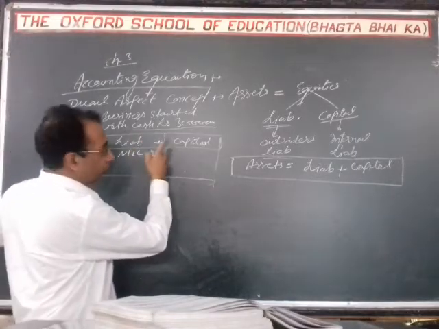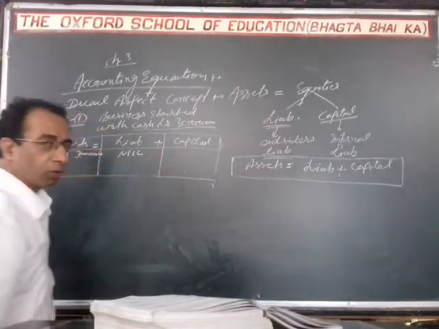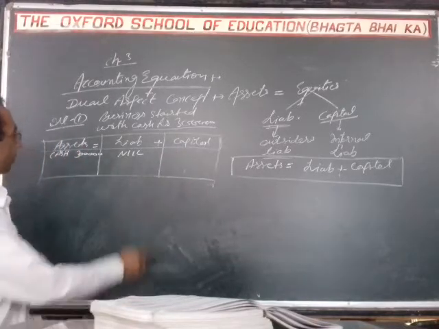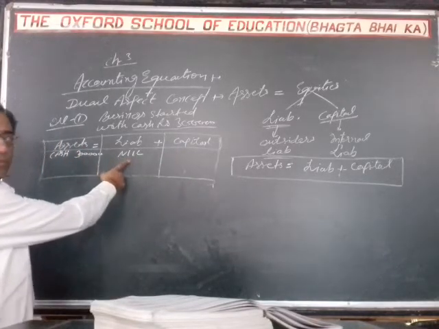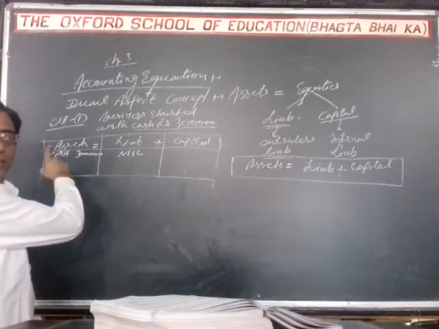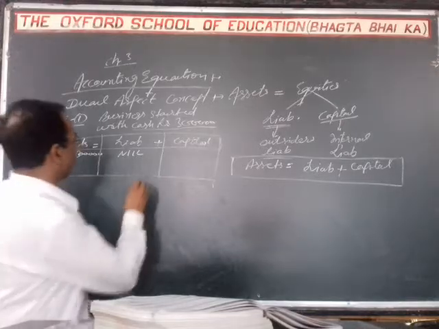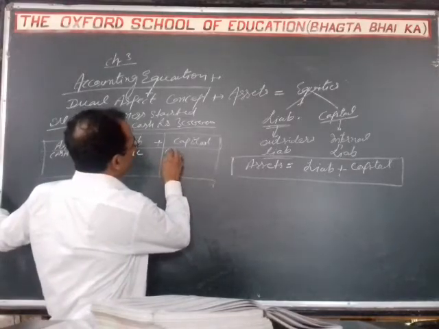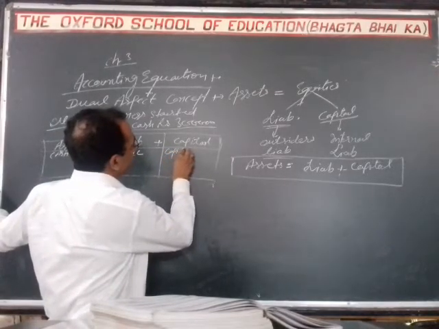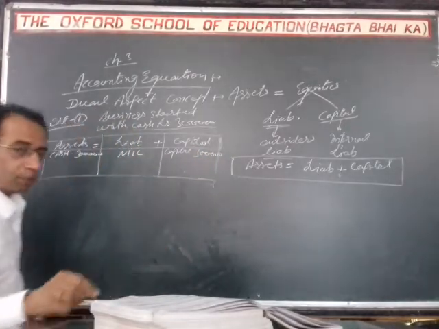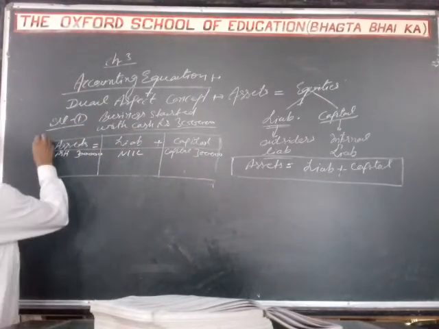In every transaction we have to calculate the amount of capital. How to calculate the amount of capital? Liability will be minus from assets. 3 lakh minus 0, that means our value of capital is 3 lakh. So this is step number 1, right?